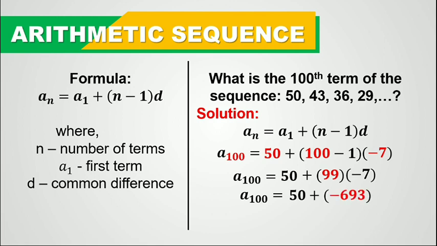And then simplify this further, so a sub 100 equals 50 plus negative 693, that's negative 643. Therefore, the 100th term of the sequence 50, 43, 36, 29 is negative 643. This is the answer for this particular example.